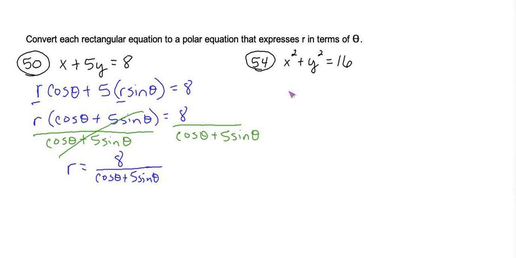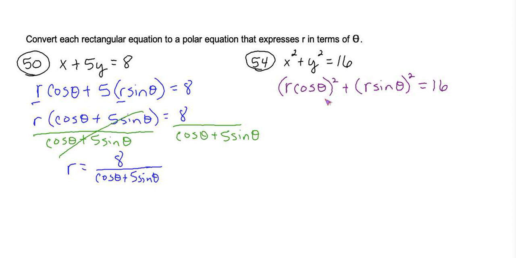In place of x, we're going to put r cosine theta. And we're going to square that. And then in place of y, we're going to substitute in r sine theta. And we're going to square that, and that's equal to 16.